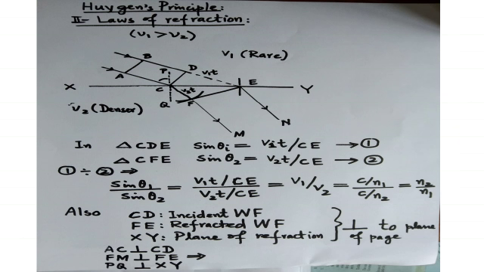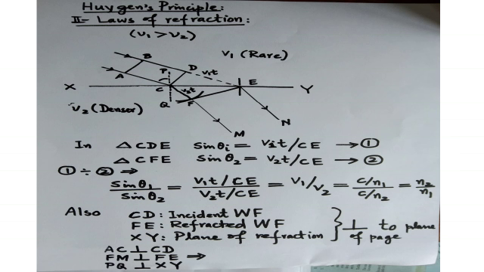Okay, now we come to the laws of refraction using Huygens principle. And remember, for refraction we need light to be entering from one medium to another medium. So again we draw a horizontal line, and suppose this is now the interface or boundary of two transparent media.